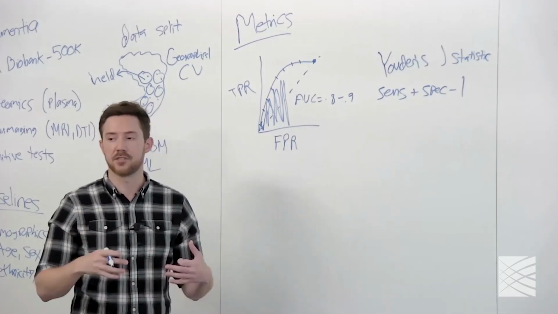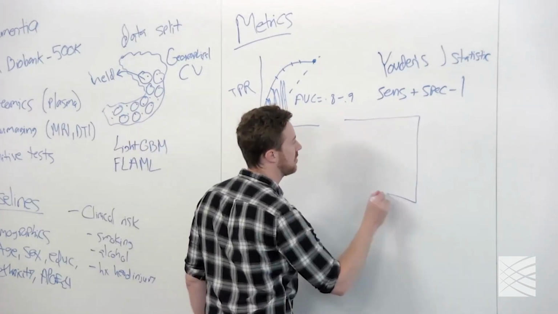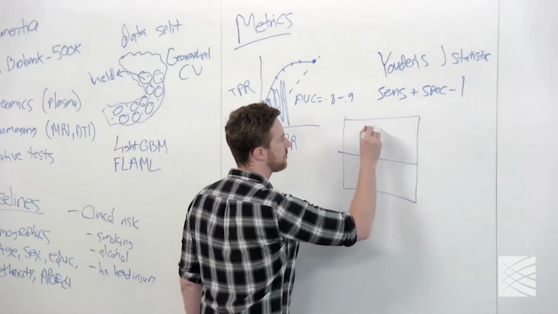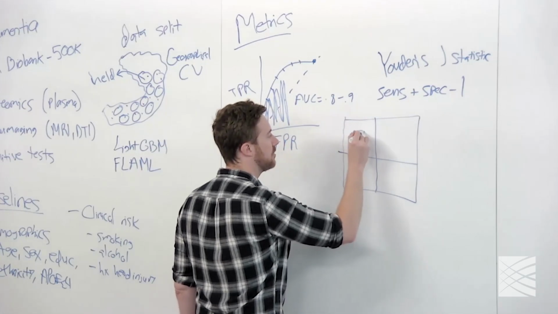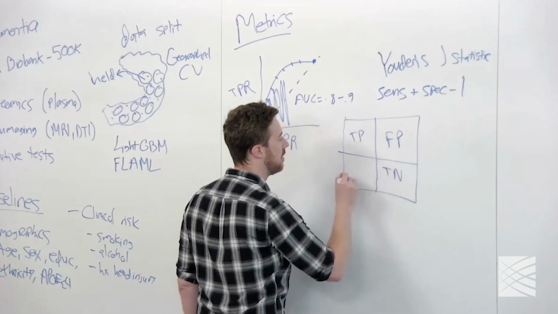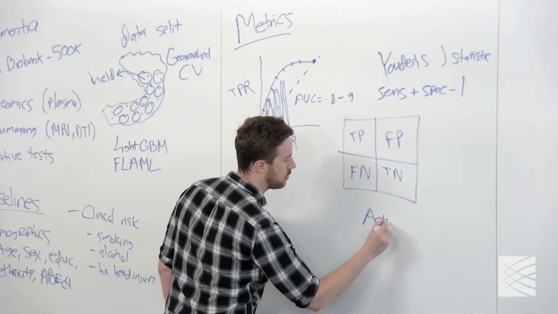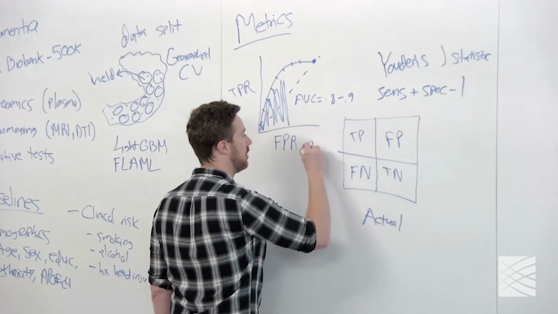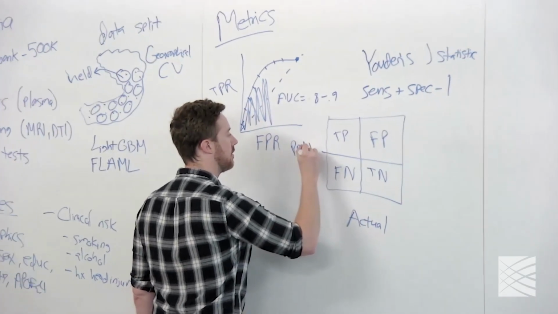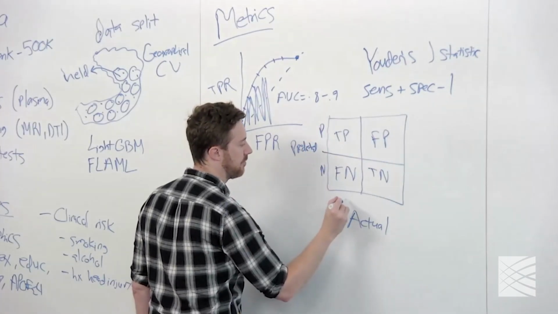And once you have a specific decision threshold, well, now you can draw out your confusion matrix with your true positives, true negatives, false positives, and false negatives. You have your actual cases and controls, your predicted cases and controls, positive, negative, positive, negative.